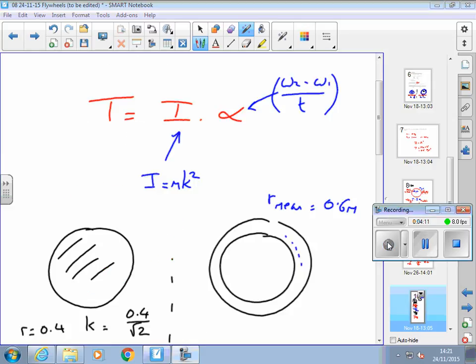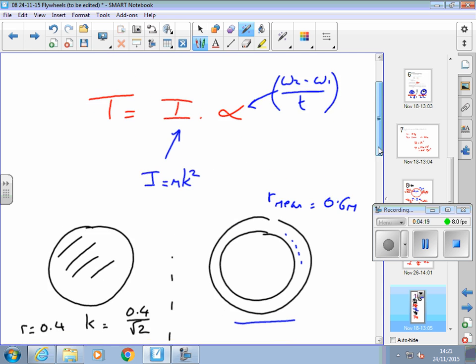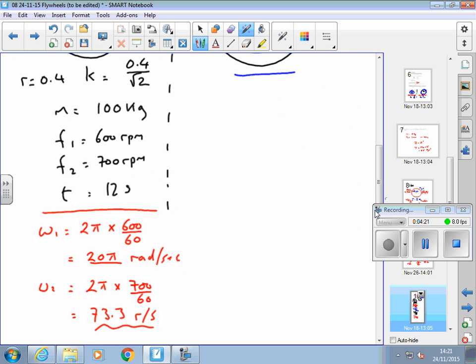Let's look at the second one now. I've got to repeat this now for a rim type flywheel, this one here. But let's approach it slightly differently. I know the formula for the torque, it's I alpha. So torque equals I alpha. Another way to do this is to leave it as a formula.